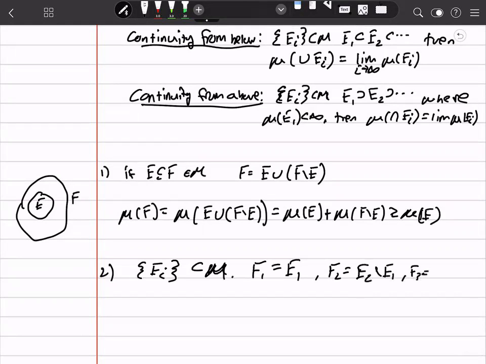F3 is going to be equal to E3 minus E1 union E2. And in general, F sub k is going to be equal to E sub k minus the union from i equals 1 to k minus 1 of E sub i.